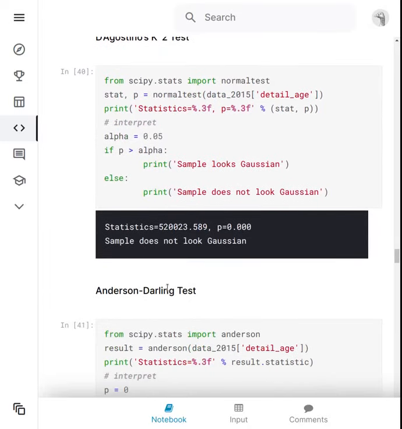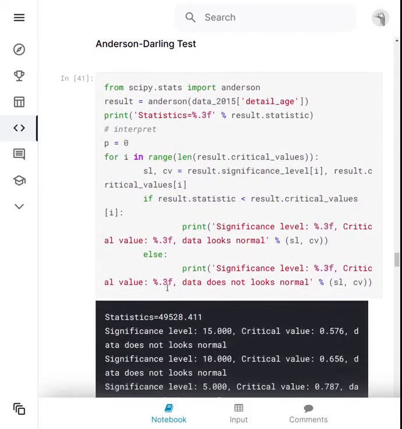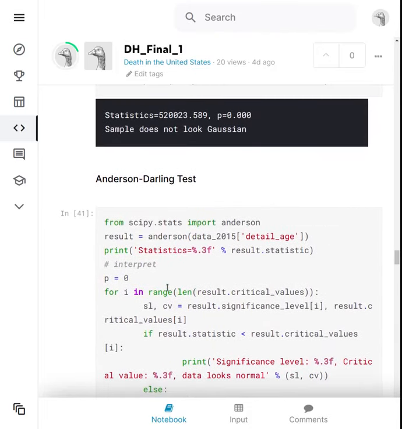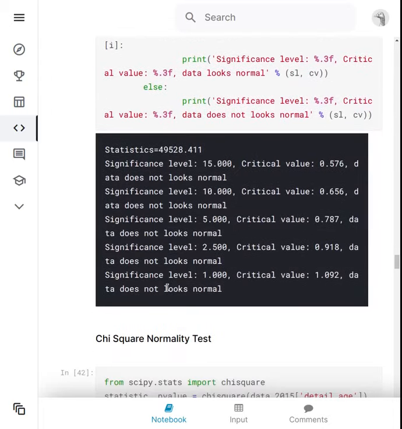In the statistical normality test, each test will return at least two things, statistic and p-value. In the K-squared test, the p-value is equal to 0, due to which we rejected this test and proceeded to the Anderson-Darling test.